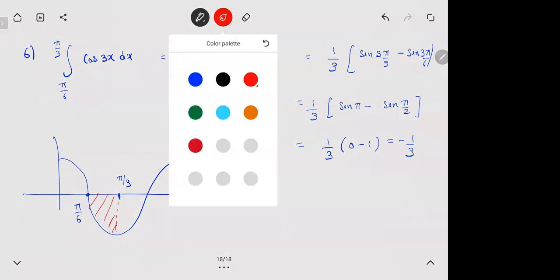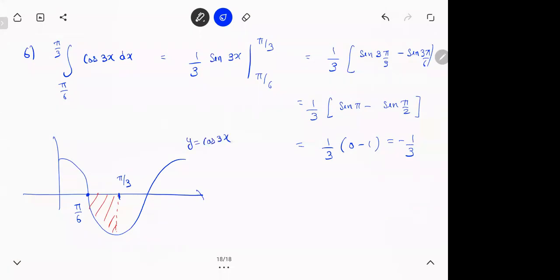This area you're finding, that's why you're getting a negative area. Clear with this?